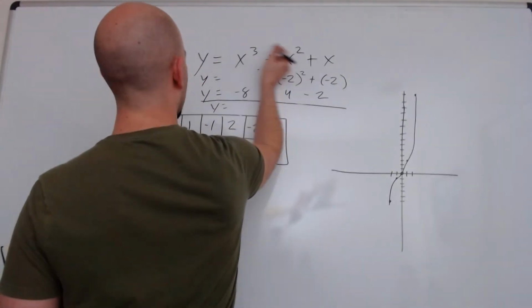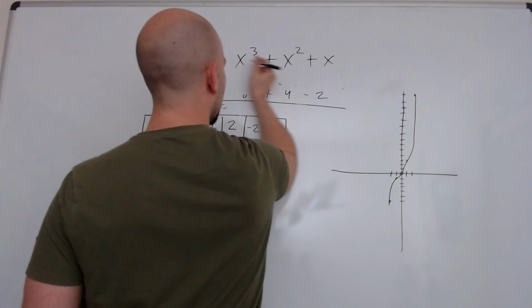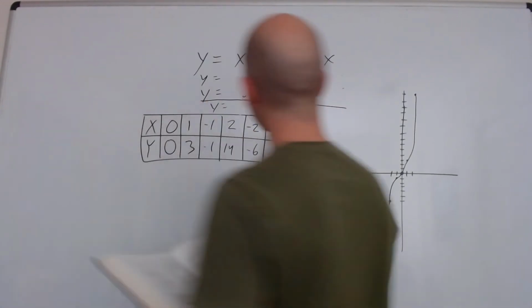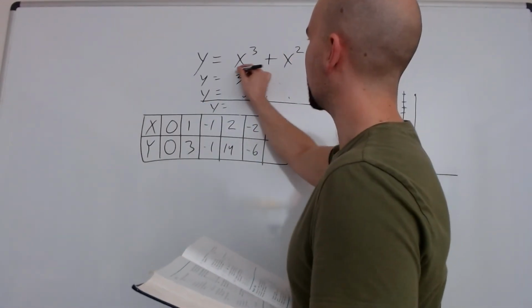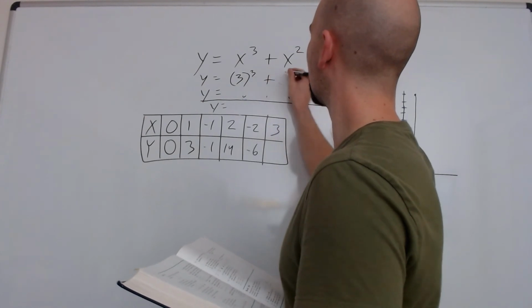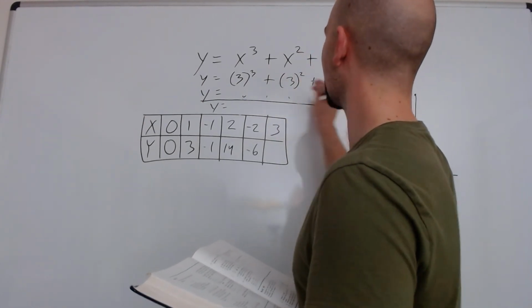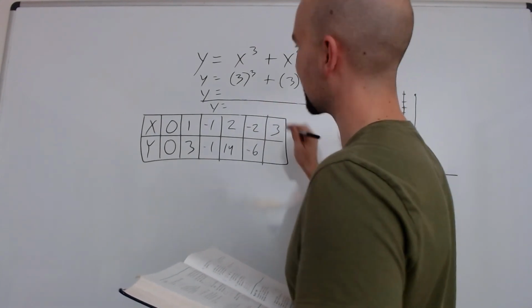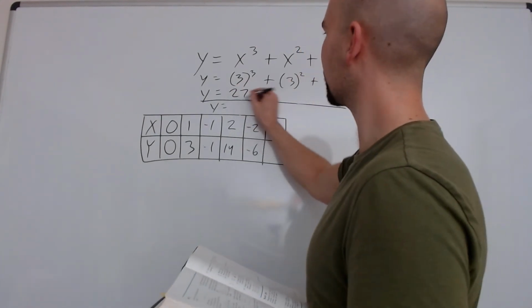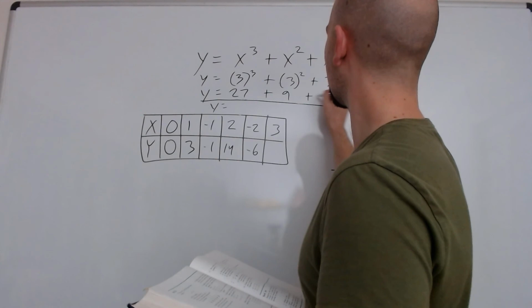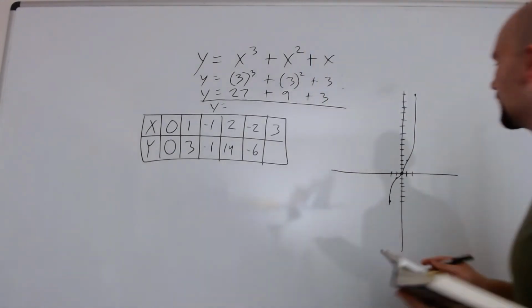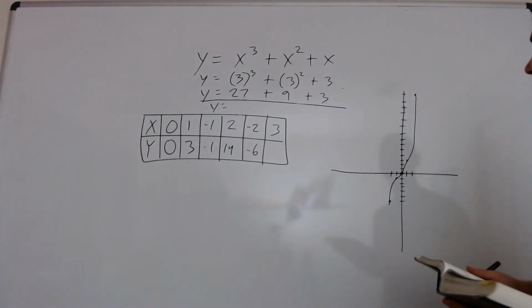3. Three cubed plus 3 squared. I may not graph this if it's too big of a number. It's looking like it's going to be pretty big. It's going to be 27 plus 9 plus 3. It's going to be 39. Yep, not going to do it.